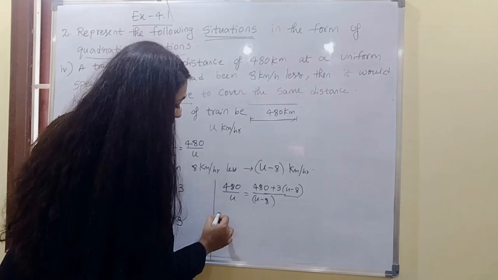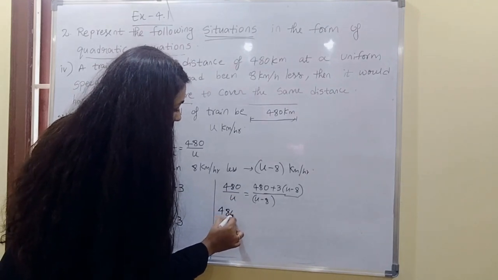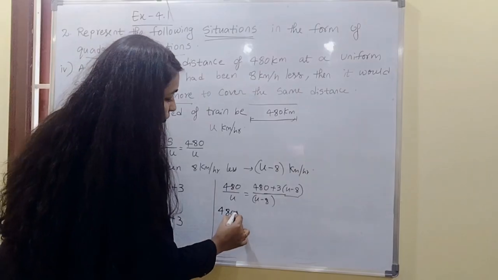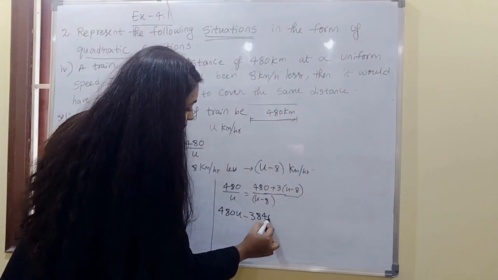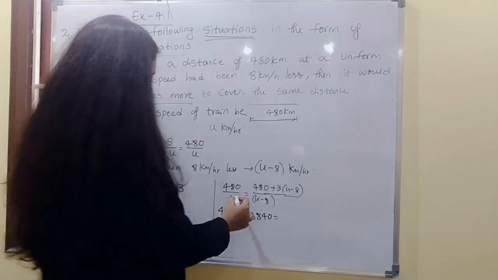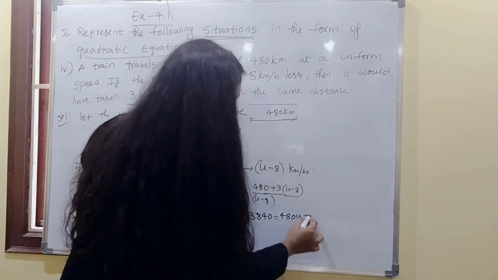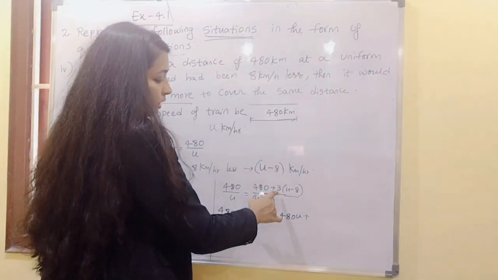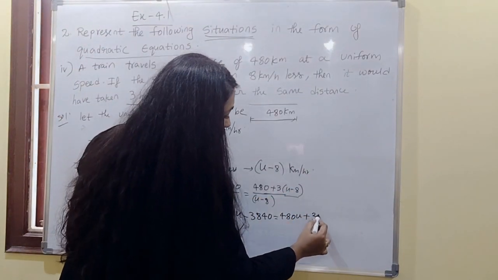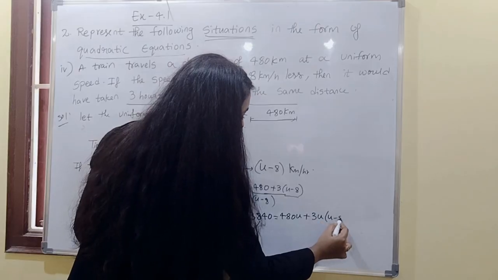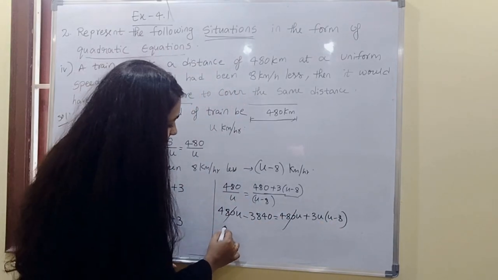Do cross multiplication: 480 into u minus 8, that is 480u minus 480 into 8, which is 3840, is equal to u into 480 plus u into 3 into u minus 8, that is 3u into u minus 8. Both sides, 480u gets cancelled.